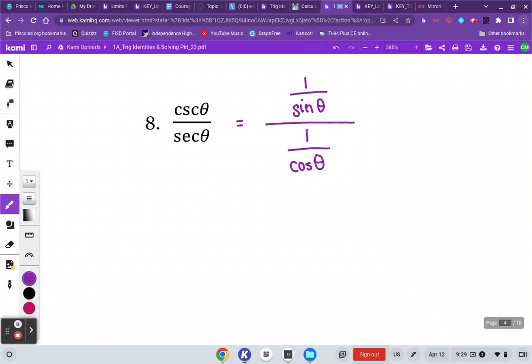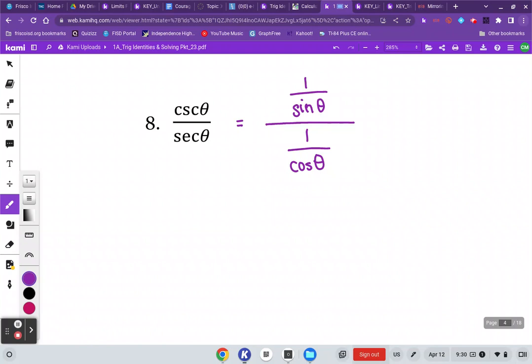So we should know our reciprocal pairs, right? We should know that cosecant is paired with sine. So hopefully I can easily substitute in place of cosecant 1 over sine, because I know it's its reciprocal. We've known that for a while, since we've worked with our trig stuff, since January probably. Secant, its reciprocal pair is cosine. So I can always replace secant with its reciprocal, which is 1 over cosine.